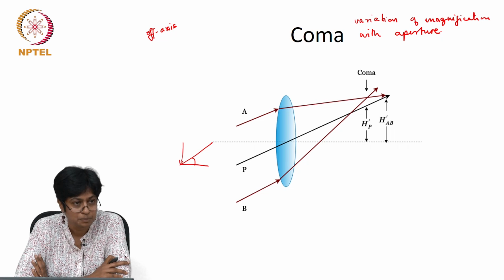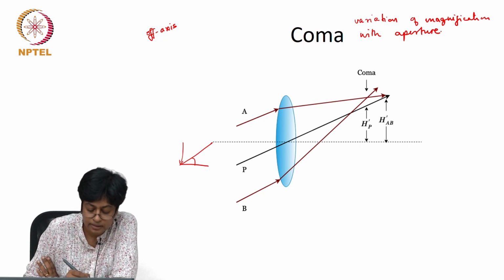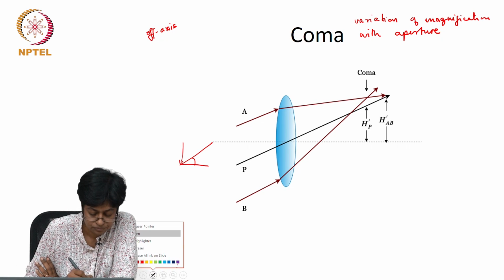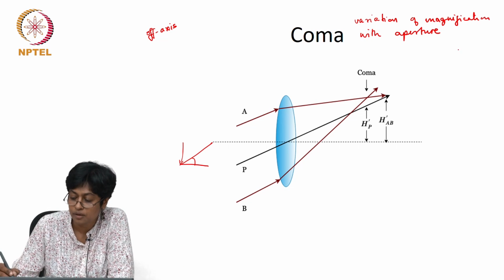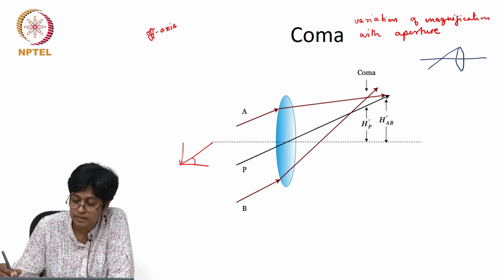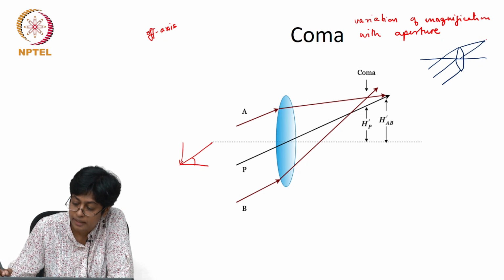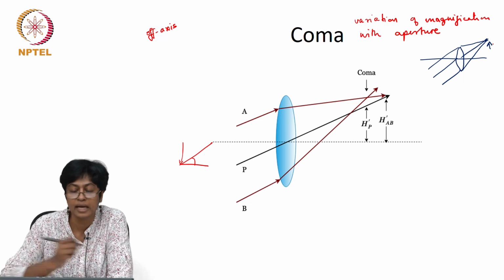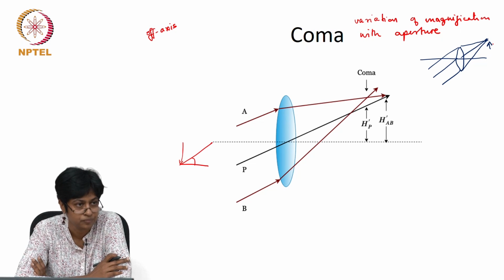Now, if I had an ideal lens and a set of parallel rays coming, they would all focus at one point over here. This would be my ideal focal point.